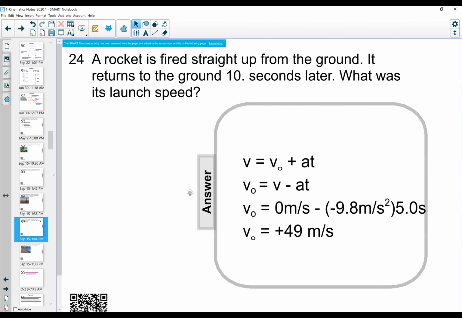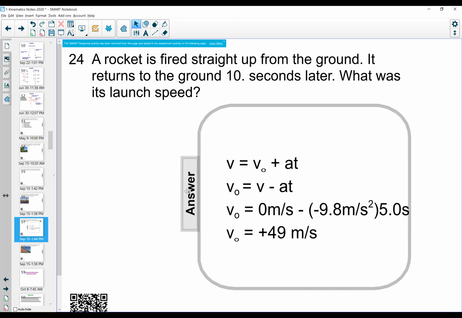All right, so this one's a little bit different in terms of the thought process. The only velocity we know for this one is what the velocity would be at the peak. We don't know what it was launched at, therefore we don't know what it would be when it comes back down. And we don't know what it would be at any given point on its way up or down.